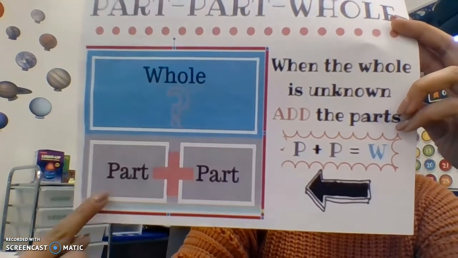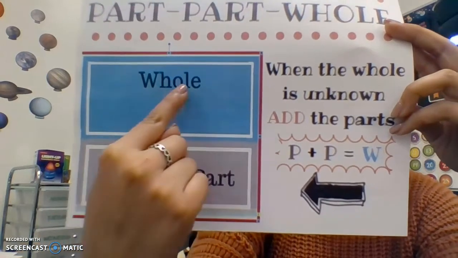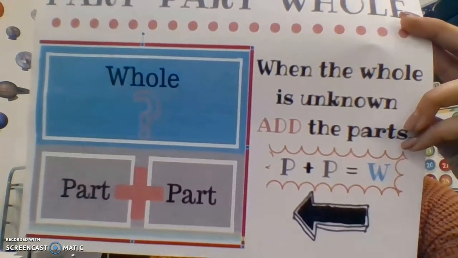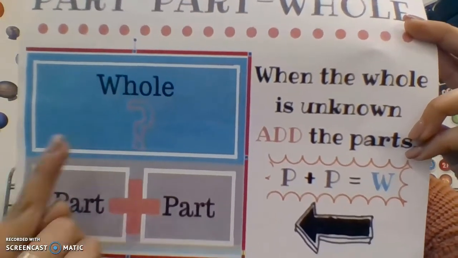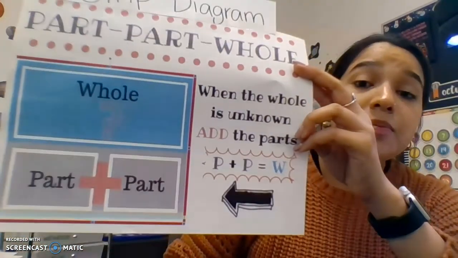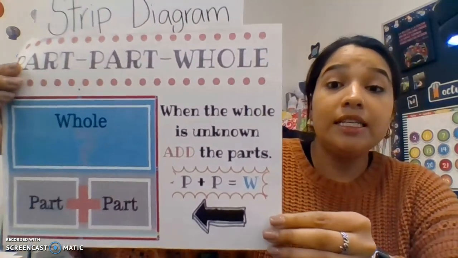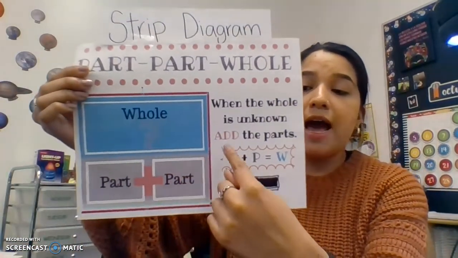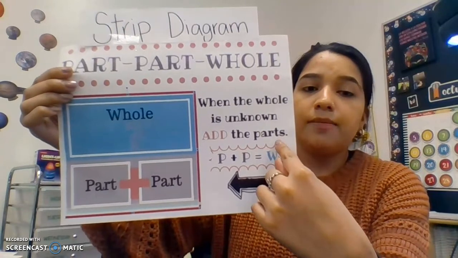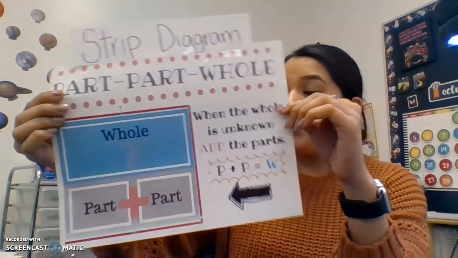We are able to add our parts together in order to get our whole number. So part plus part equals whole, which helps us with our addition problems because we are adding the parts together in order to get the whole.